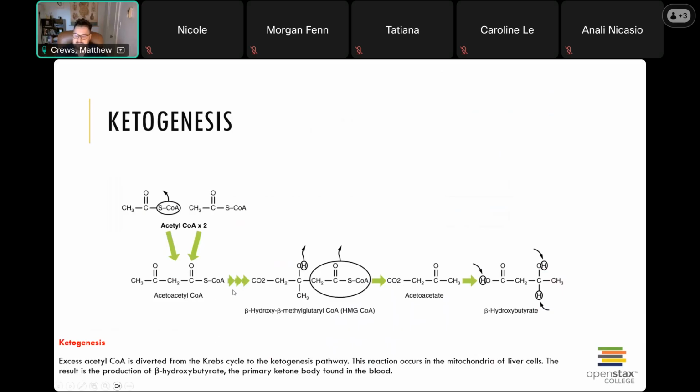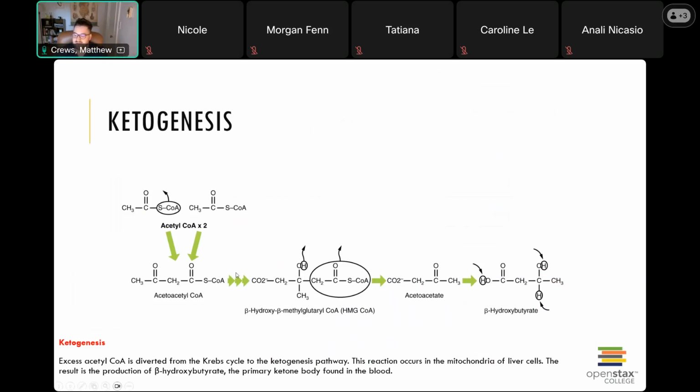What we're doing is storing that acetyl-CoA. So glycogen is the storage form of glucose. For acetyl-CoA, the storage form is beta hydroxybutyrate.